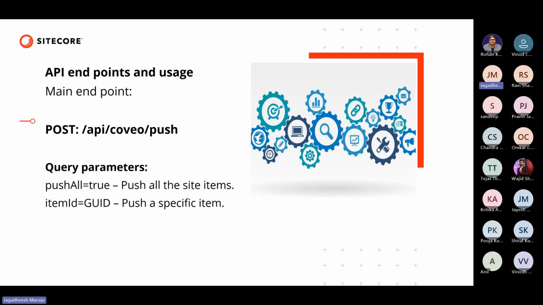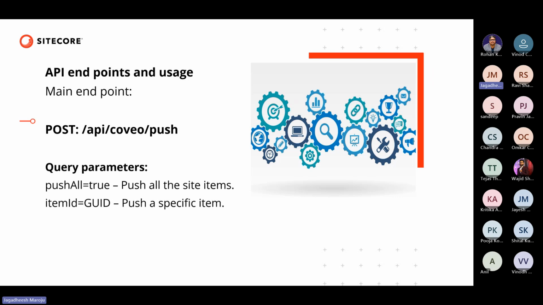I was mentioning this in the previous slide, right? What it does. So, the API endpoint and the usage. It takes the POST method, and the API endpoint is your host name slash api slash coveo push, and it also accepts a couple of query parameters.